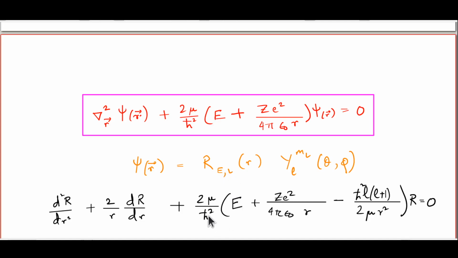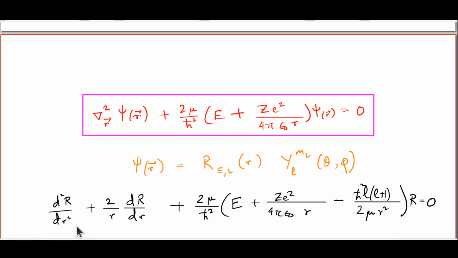The radial equation that we have already studied several times is given by d2R/dr2 plus 2 by r dR/dr plus 2 mu by h cross squared times energy minus the potential energy.